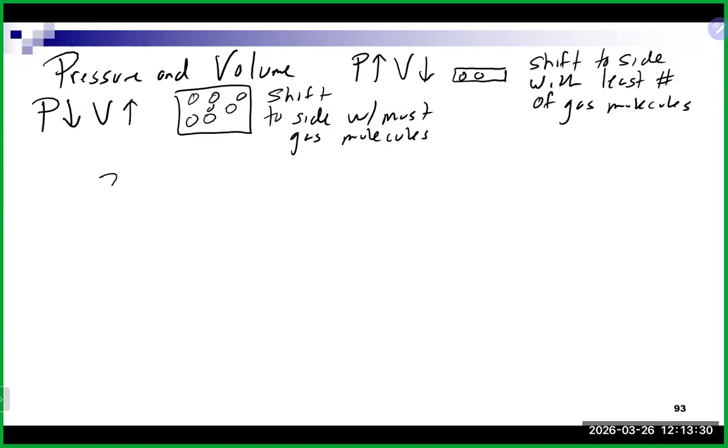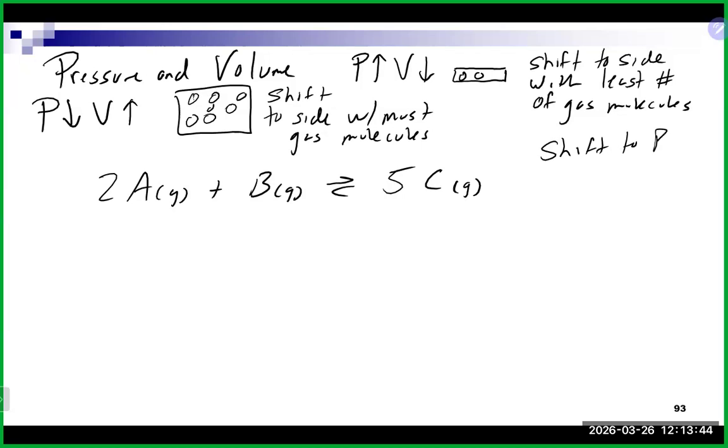So if I had 2A plus B goes to 5C in this case, for each of these, what will happen? Will it shift to the right? Will it shift to the left? Will there be no change?